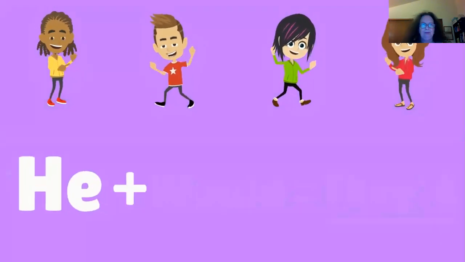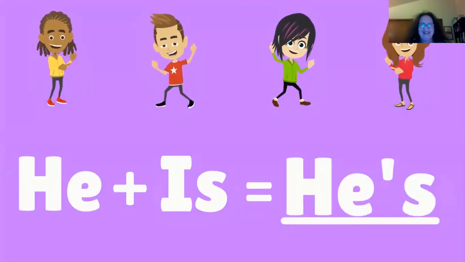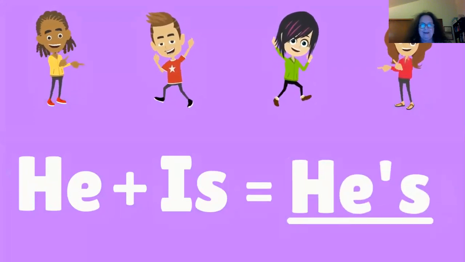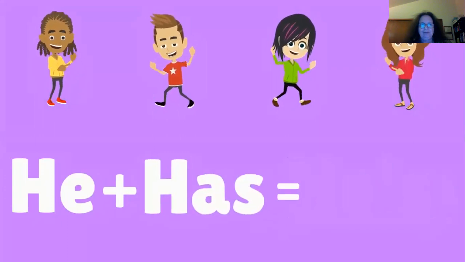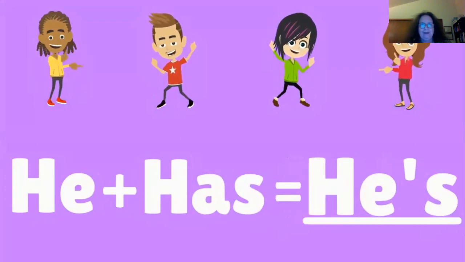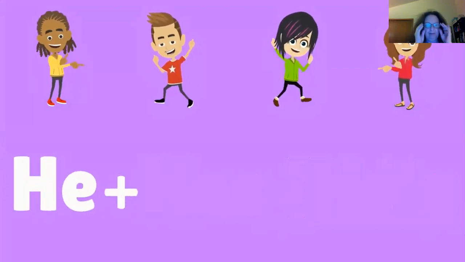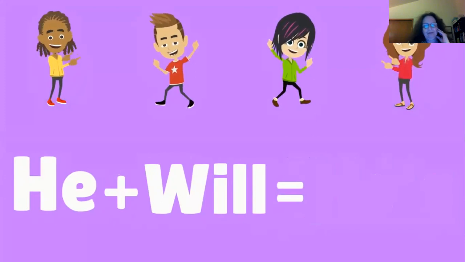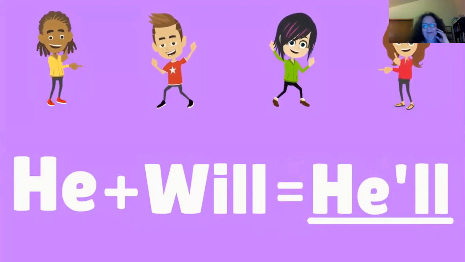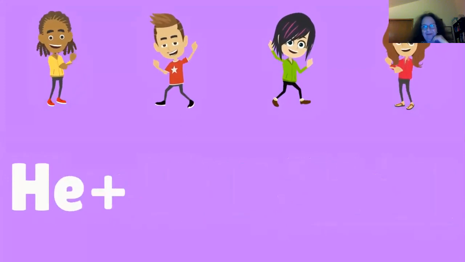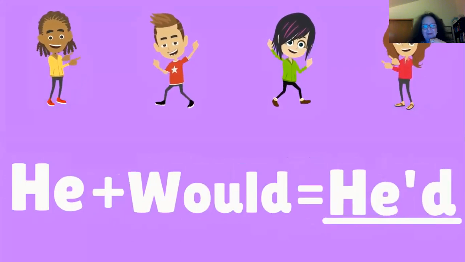He plus is equals he's. He plus has equals he's. He plus will equals he'll. He plus would equals he'd.